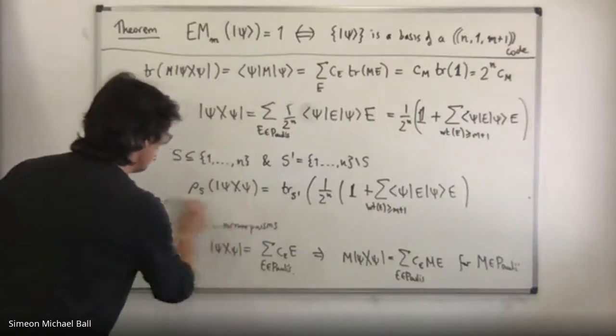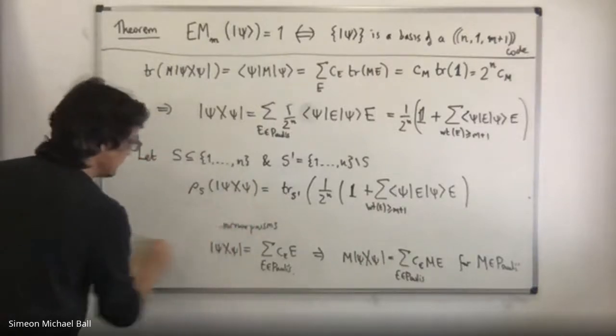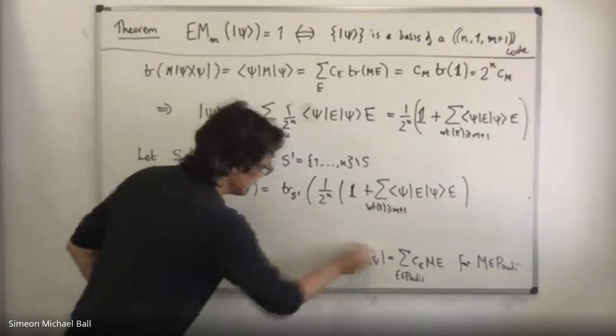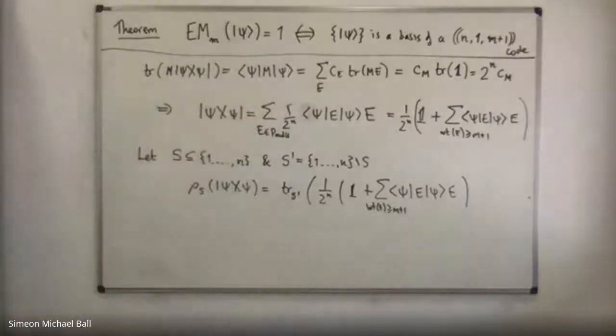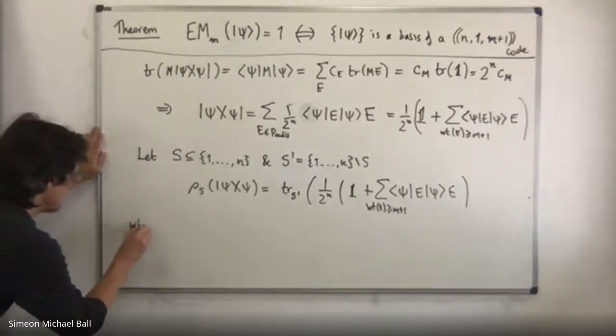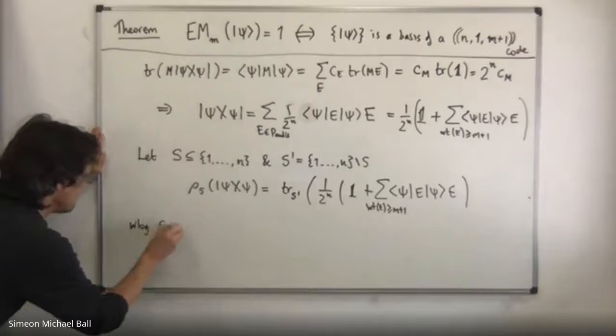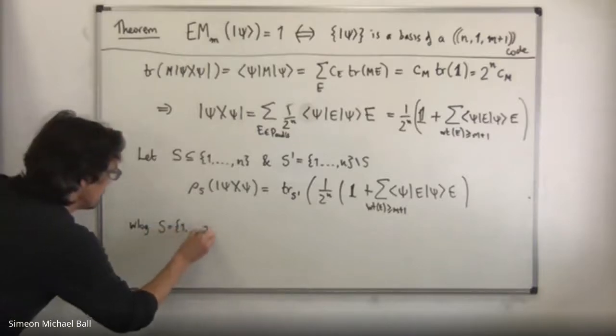So let's just do a little check here. Hopefully it's already fairly clear what's going to happen, but let's just do a check. Let's say without loss of generality, this is 1 to n.